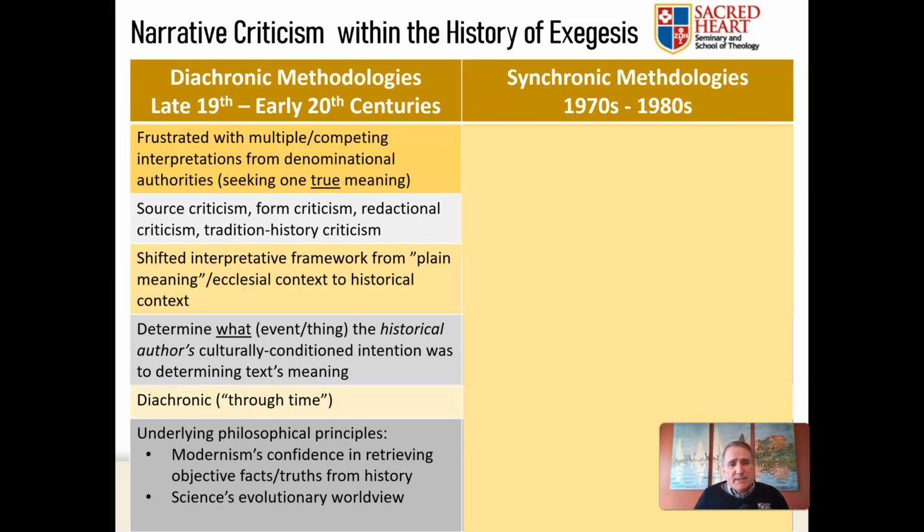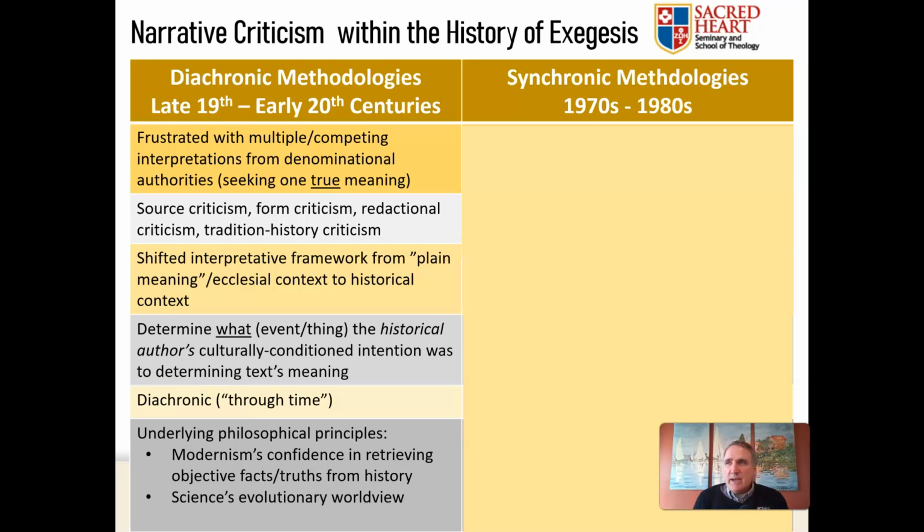And really the impetus in that period was a frustration with these multiple and competing interpretations of Scripture coming from one's denominational perspective. So in many ways, the diachronic methods, the early modern critical methodologies, were seeking the one true meaning of the text. The true meaning of the text was really the goal, right?